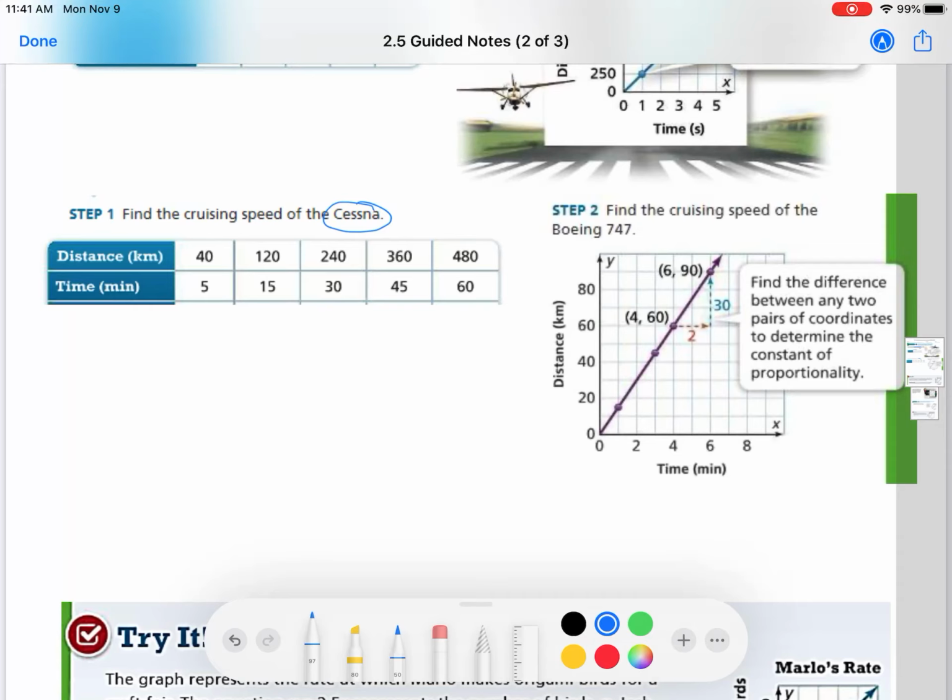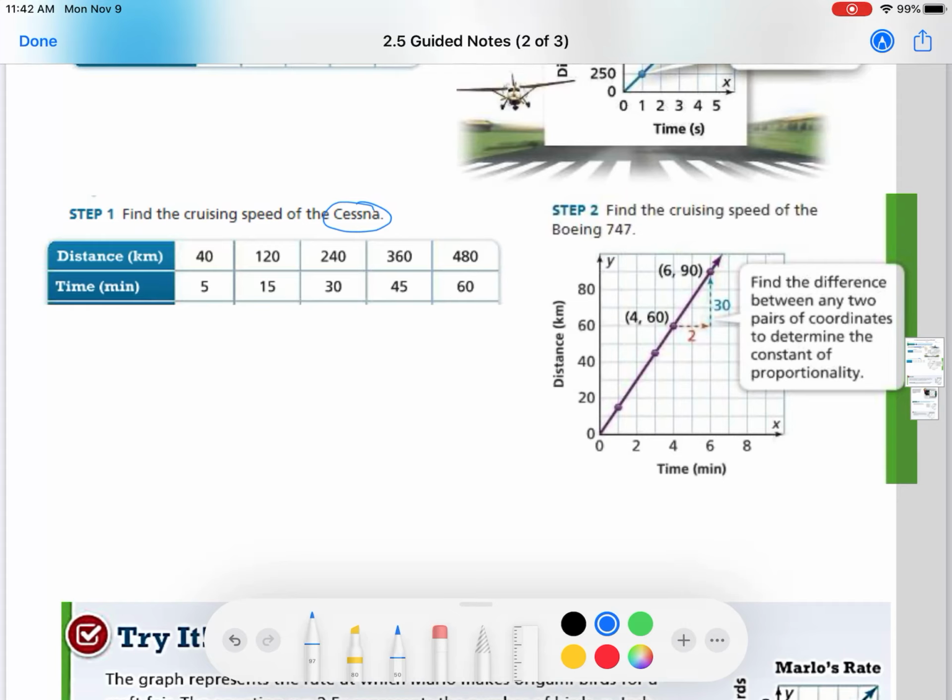It's showing us the distance in kilometers on the top and the time in minutes on the bottom. Notice that the time isn't staying consistent. It starts at 5 minutes, then 10 minutes later, then 15 minutes later, and then another 15 minutes later, and it just keeps increasing in time. It's not like it showed us every 5 minutes or something like that.